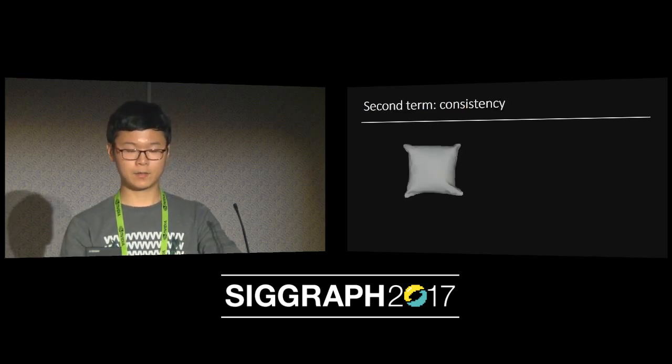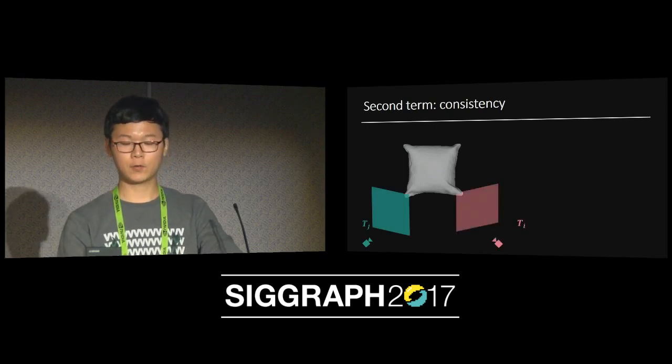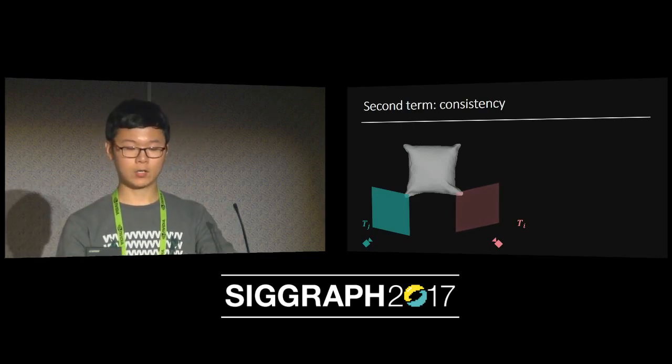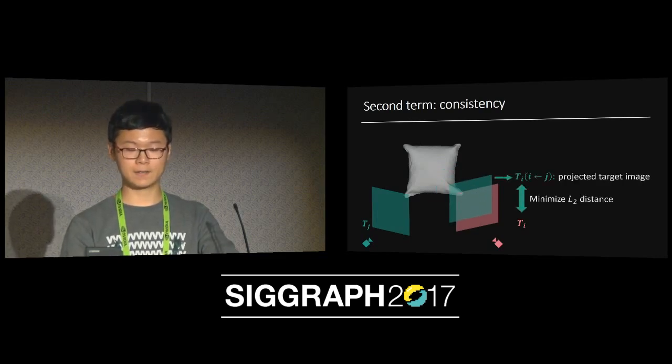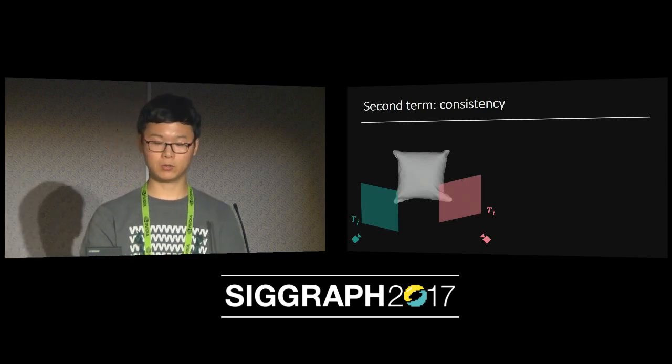Just as the figure shows, given the geometry as well as the two target images, to ensure the photo consistency between the two target images, the high-level idea is that for the current target image, we project other target images to the current view. And then we enforce the consistency by minimizing the L2 distance between the current image and the projected target image. Let's see this part in more detail.